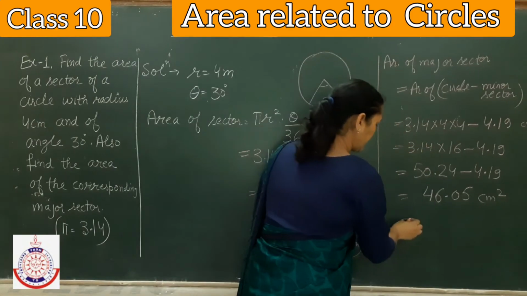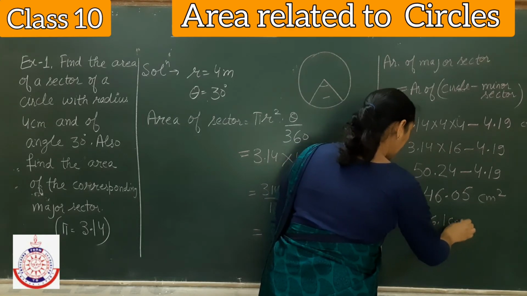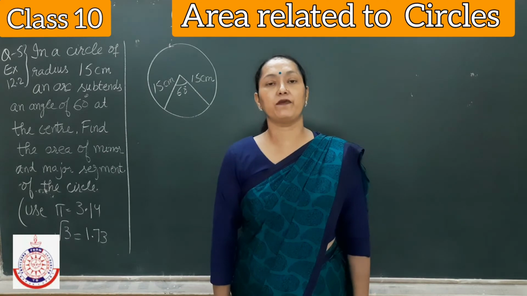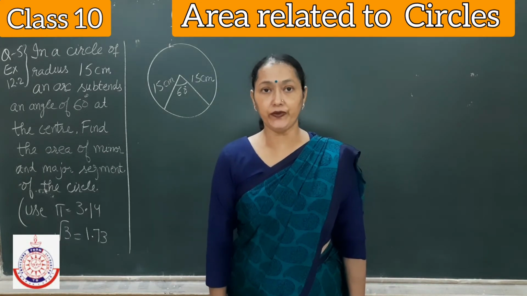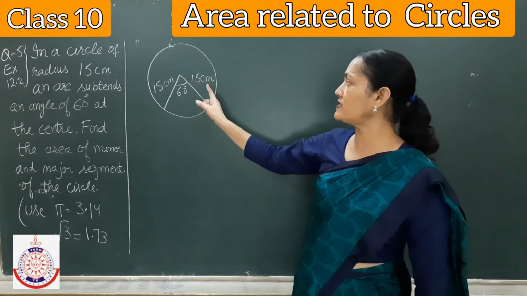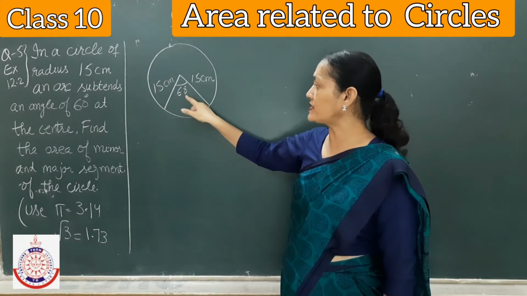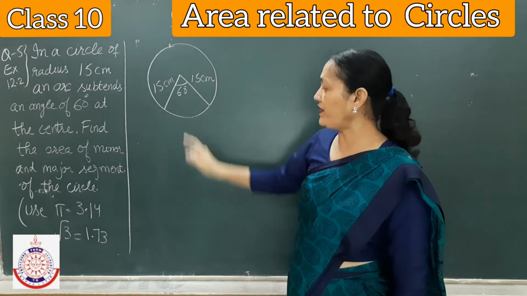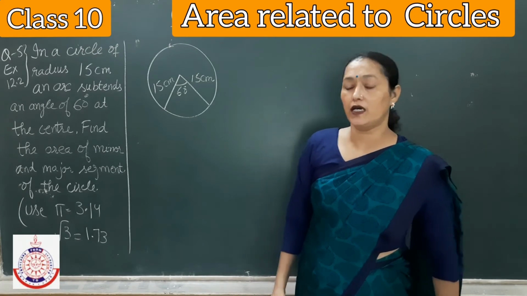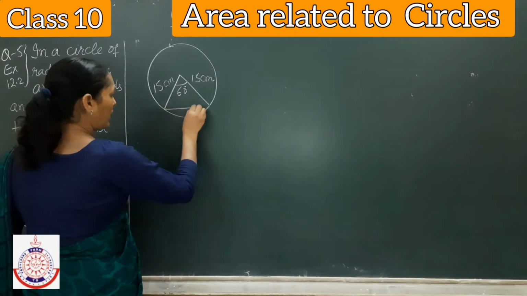We can write it as approximately 46.1 centimeter square. Next I am doing question number 5 of exercise 12.2. In this question, in a circle of radius 15 centimeter, sector is drawn at an angle of 60 degree. Here we have to find the area of minor segment and major segment. Segments will be formed when we will draw the chord.